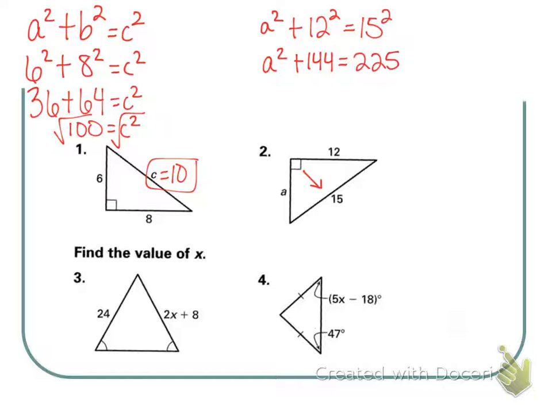Here we have to subtract the 144 on both sides. We get a squared equals 81. Square root it, we get 9. So a equals 9. Questions about our Pythagorean theorem?